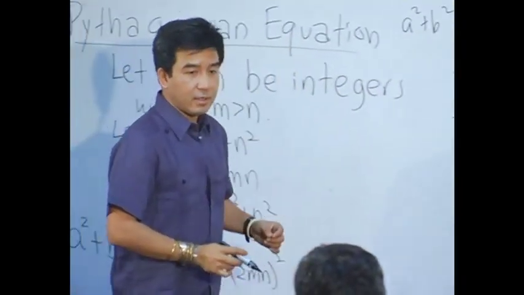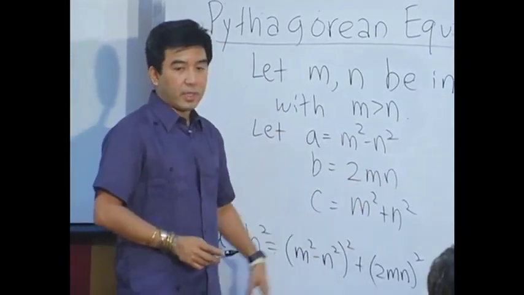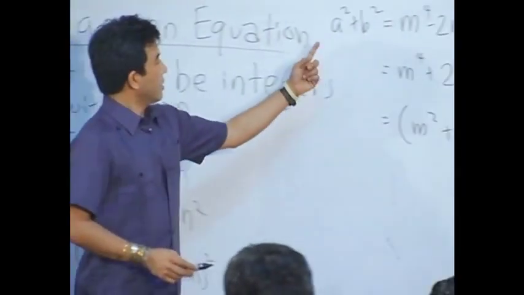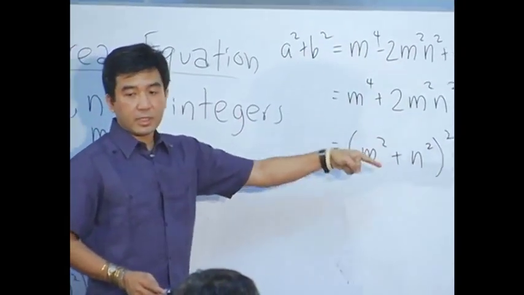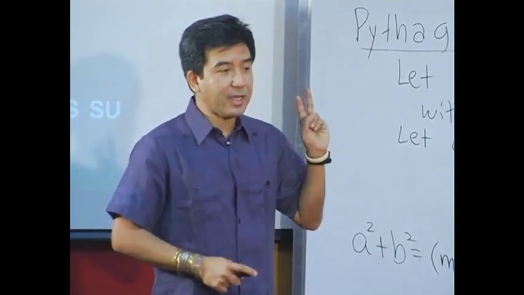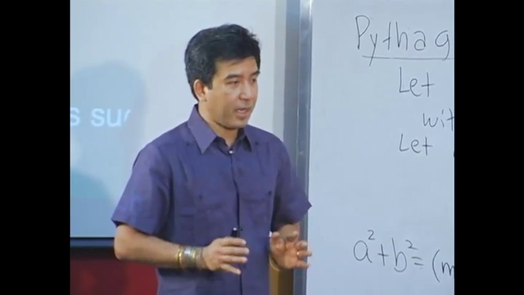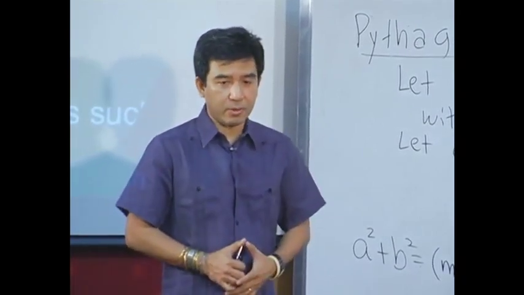As you will see, if a, b, and c are given by these formulas, a squared plus b squared is exactly equal to c squared, which means that a, b, and c is a Pythagorean triple. It means that we can choose any m and n, and any choice of m and n would give us a Pythagorean triple.